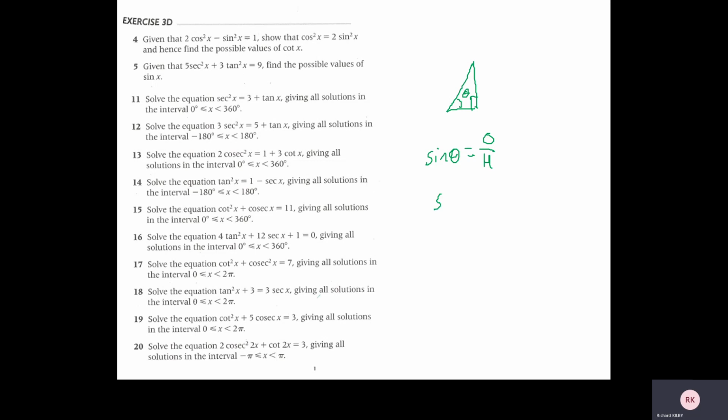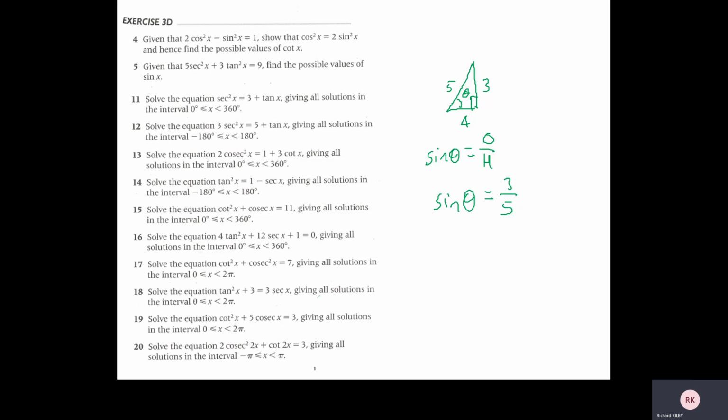So if I am told that sine theta is 3/5, say you did some working out and found that, we can draw a little right angle triangle where the opposite is 3 and the hypotenuse is 5. And then we can work out the adjacent with a little bit of Pythagoras. In this case, it would be 4, because I deliberately chose nice numbers.